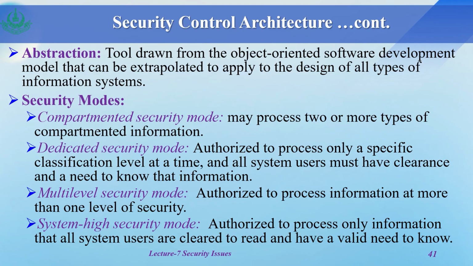Multi-level security mode is authorized to process information at more than one level of security. System high security mode is authorized to process only information that all system users are cleared to read and have a valid need to know.